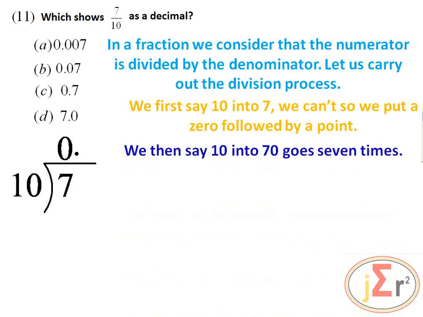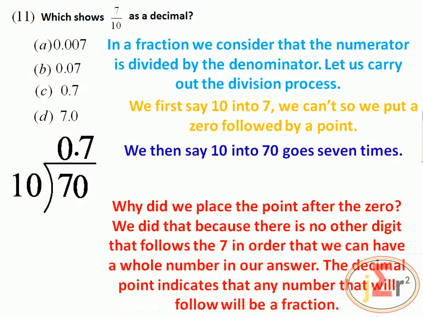Why do we put the point? Because everything that follows the point will be a part of a fraction. Because it will be a decimal fraction. So we say 10 into 70, and 10 into 70 goes 7 times.